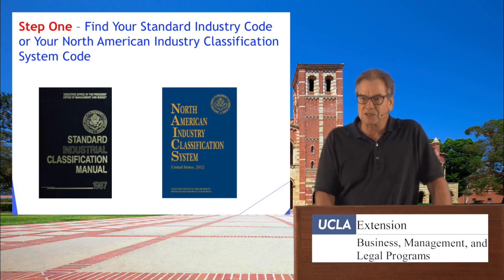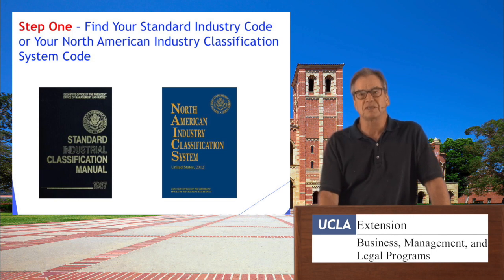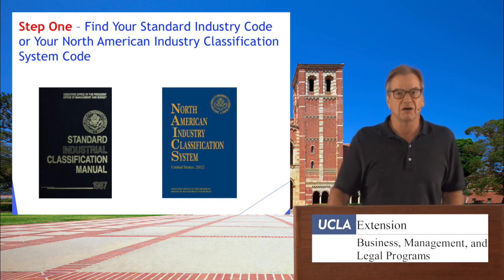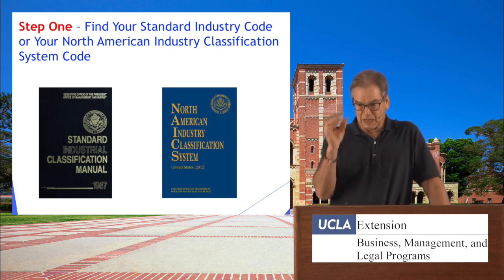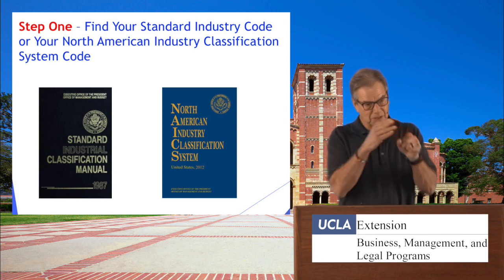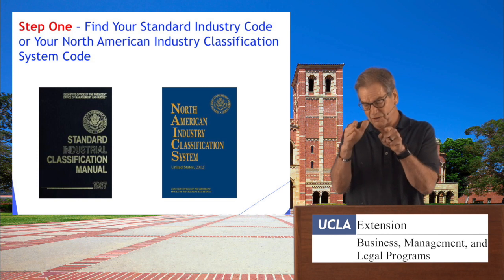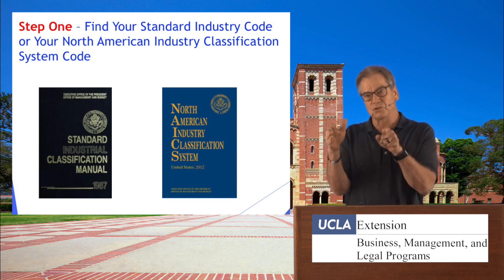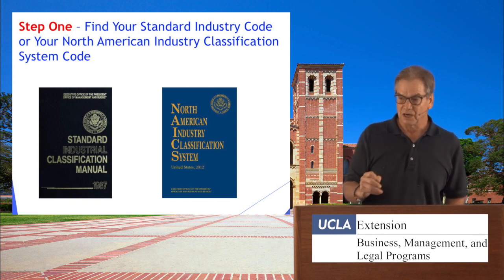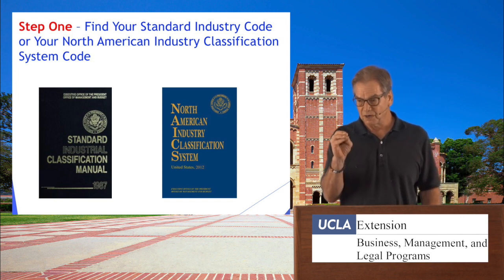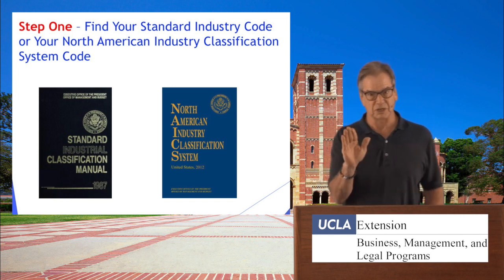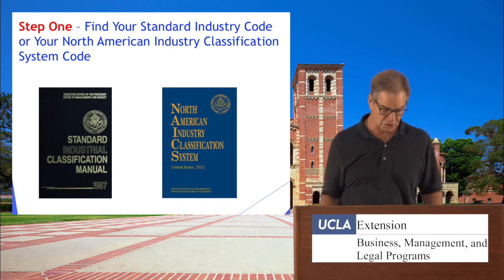This can take a bit of time because there are literally thousands of industry niches out there. Depending on how far down the digits you use to describe your industry, there could be literally hundreds of different angles on your industry profiled by one of these codes.